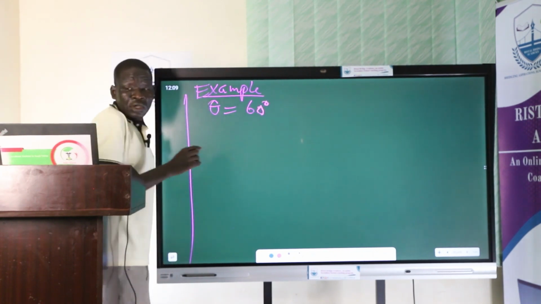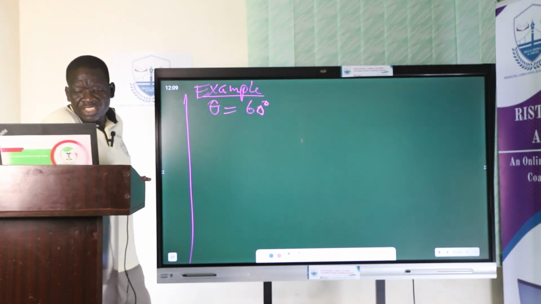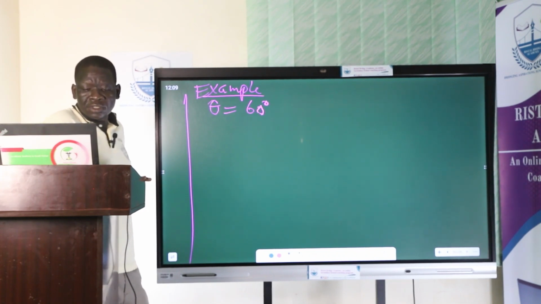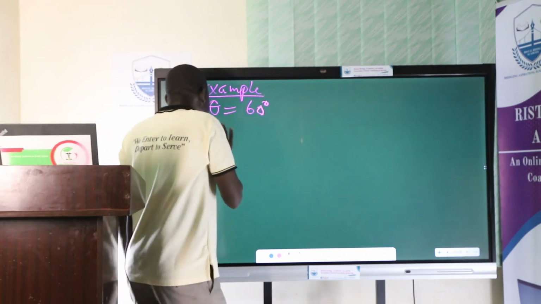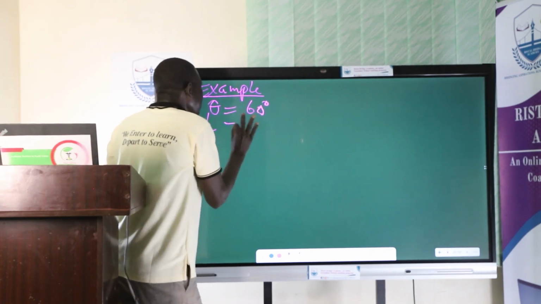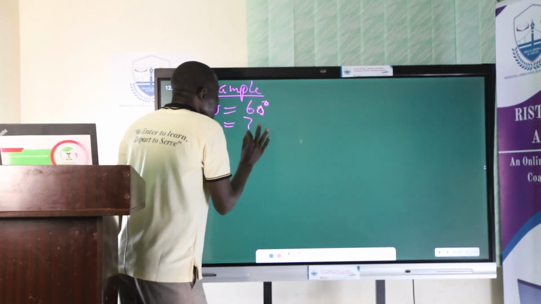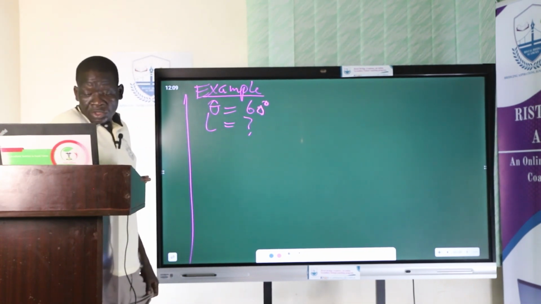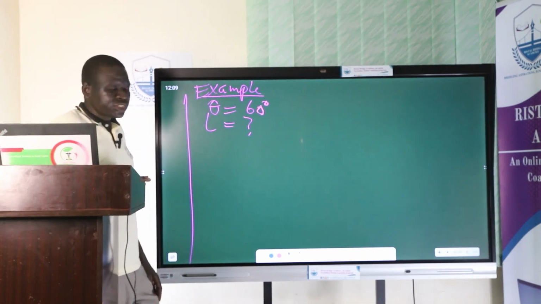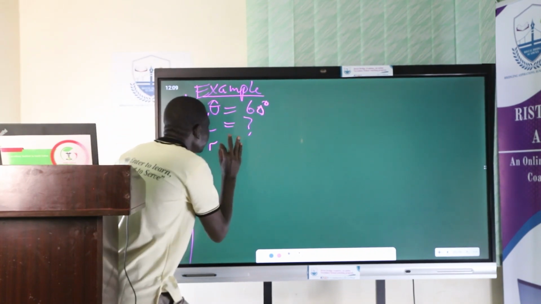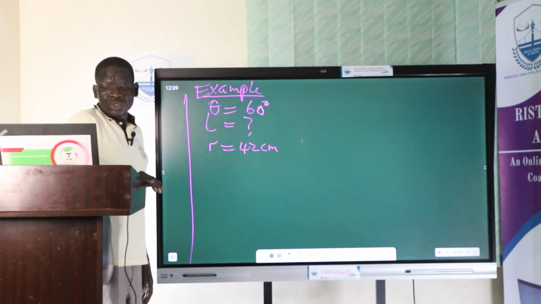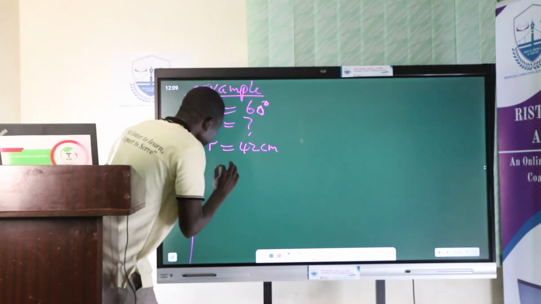Length of the arc, which I can represent as L, is equal to, we don't know. Whose radius is 42? Radius r is equal to 42 centimeters. They want us to take pi as 22/7. So we have better analyzed the question and put it in short form.